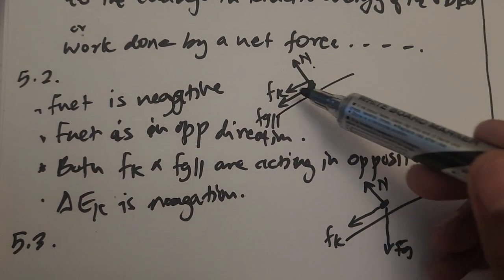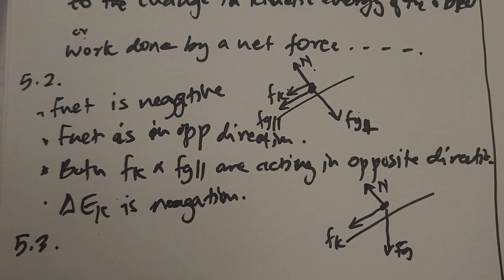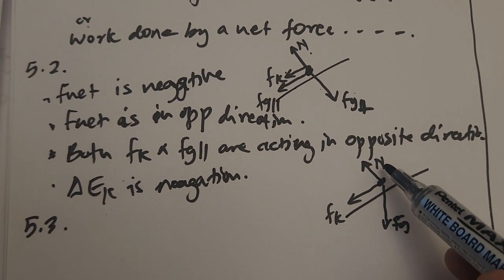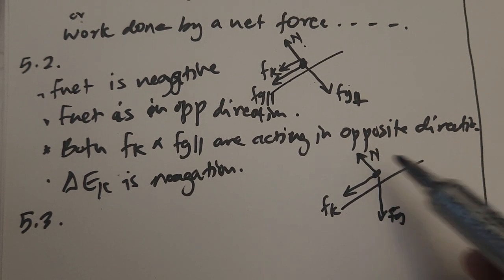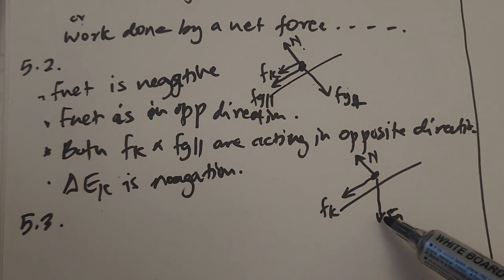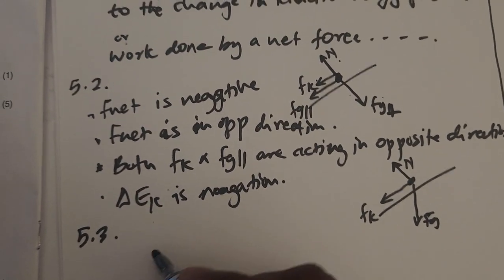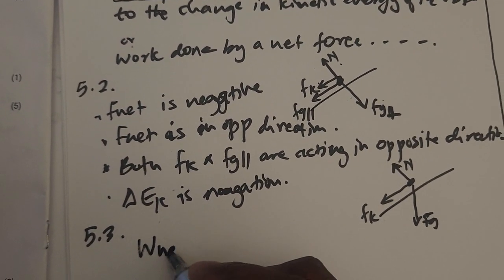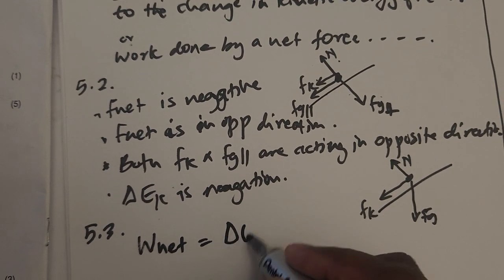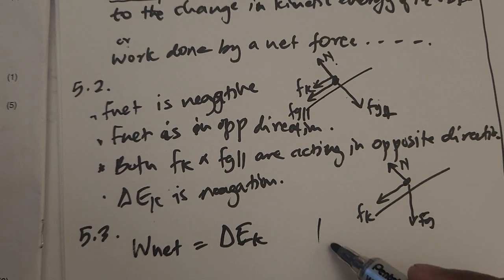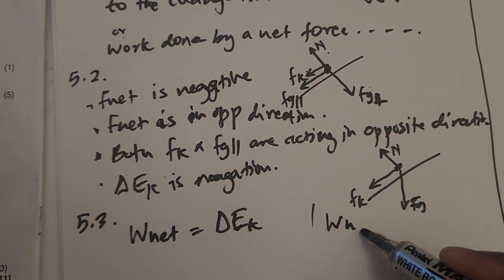The normal force doesn't do any work. Then the only two doing work on the object are FK and FG parallel. Fine. Then we can use the work energy theorem, the easiest one, since we have defined it that side, then we can use it. That's the easiest. Or someone can even use work done by a non-conservative force.